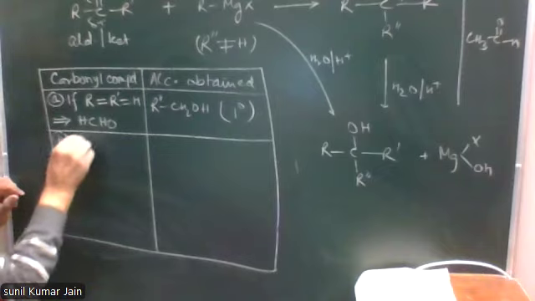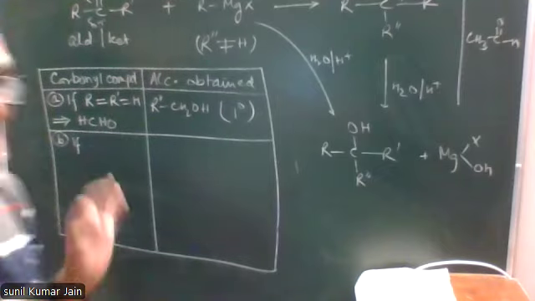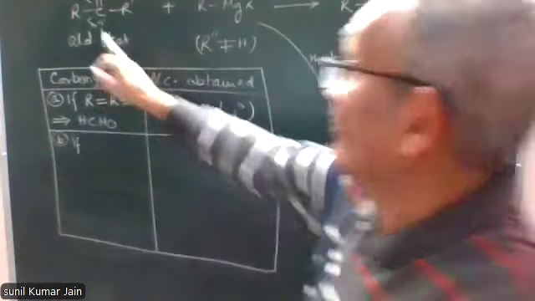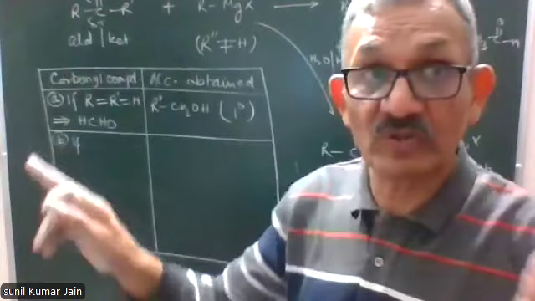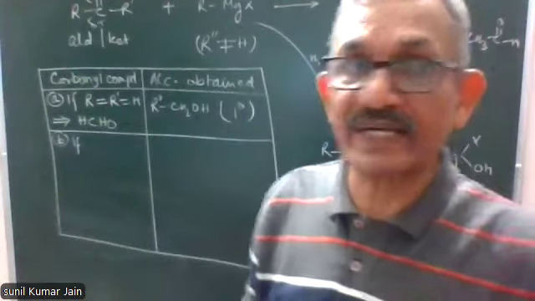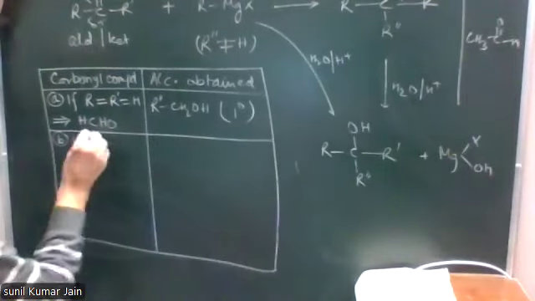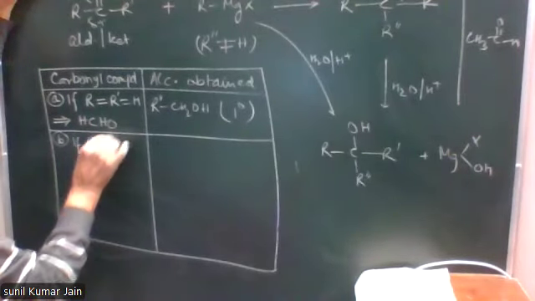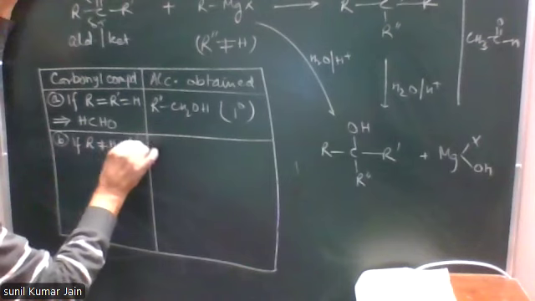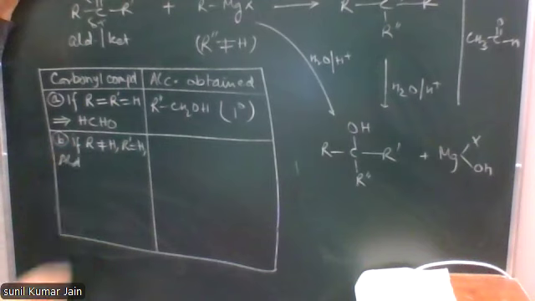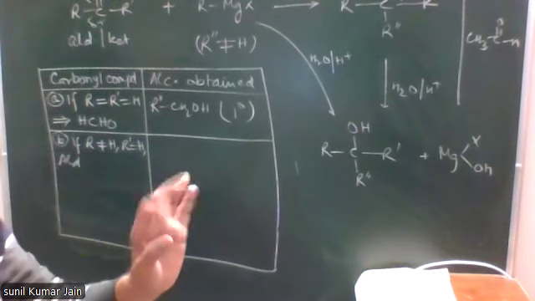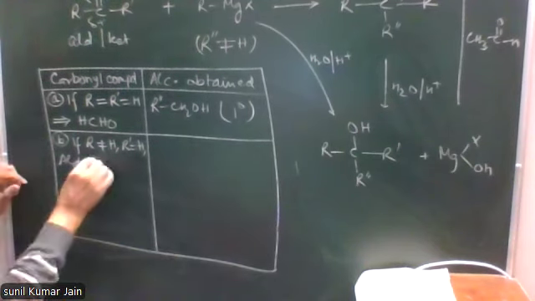B part. The second case is when one of these two R's is hydrogen. One of these two is hydrogen, the other is not hydrogen. So I'm writing, if R is not hydrogen and R' is hydrogen, then this is an aldehyde other than formaldehyde.